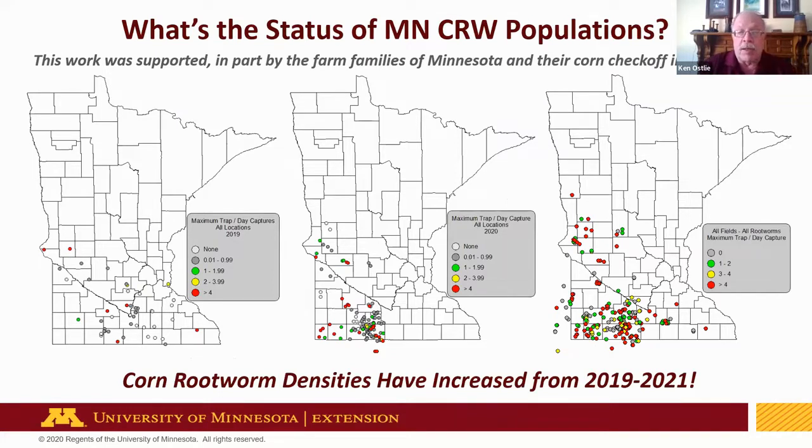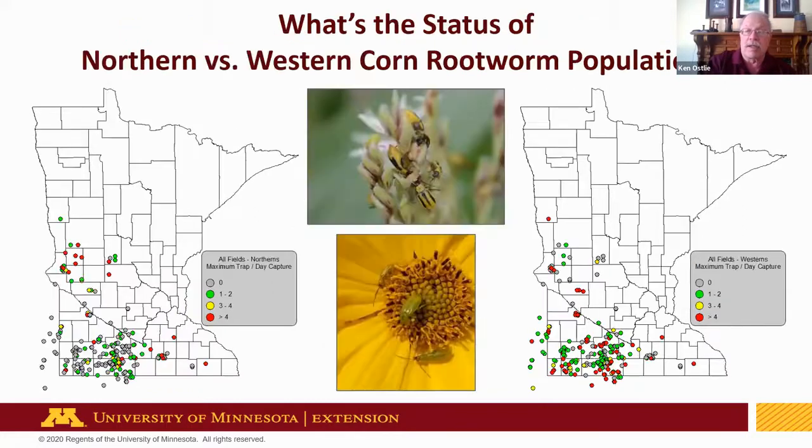Bruce and I both mentioned a little bit about scouting and surveys. For example, this is the results of the corn rootworm survey that Bruce mentioned we'll be undertaking this summer. Basically, we've seen over the last 3 years that populations have increased. So if you saw more beetles out there, it's not surprising.